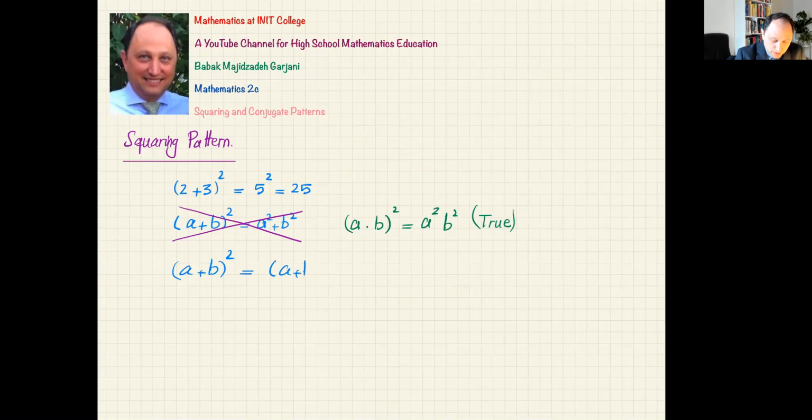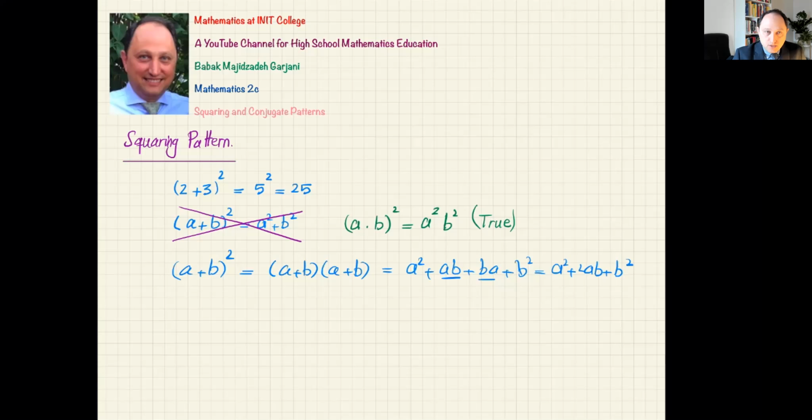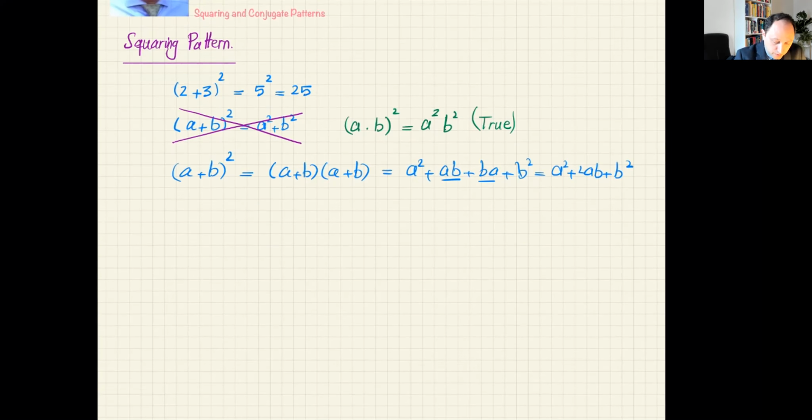So it becomes a plus b, and then I multiply it, so it becomes a squared plus ab plus ba plus b squared. Then I get 2 similar terms. I add them, so it becomes a squared plus 2ab plus b squared. This is called squaring pattern. So this is something that I want you to memorize, even though you will have this formula over and over again in the formula sheet.